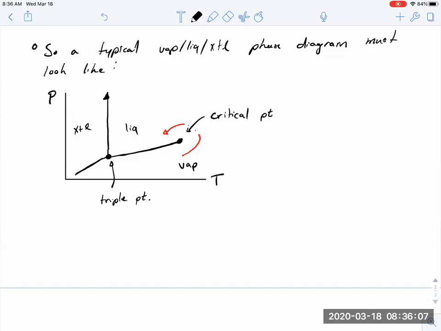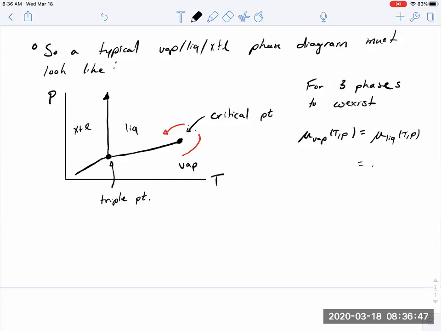Now, we should be able to use thermodynamics to understand if that point is actually possible for three phases to coexist. What must be true? Well, if I looked at the chemical potential of the vapor at some temperature and pressure, it would have to be equal to the chemical potential of the liquid at some temperature and pressure.